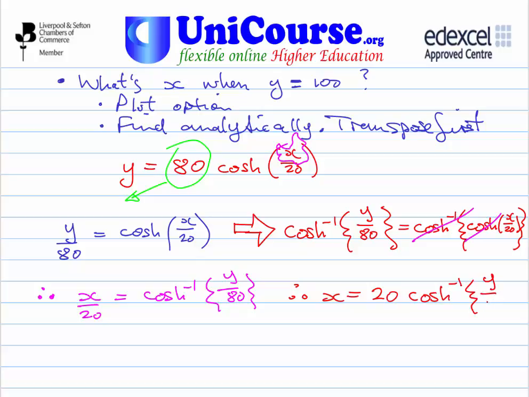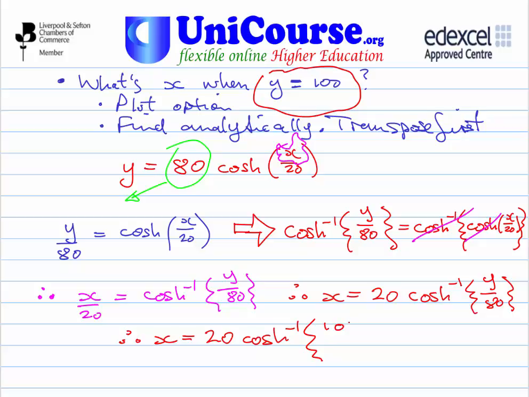of y over 80. And in this particular problem, we're asked to solve when y equals 100. Okay, therefore x is equal to 20 cosh minus 1 of y, which is 100, over 80, like so.